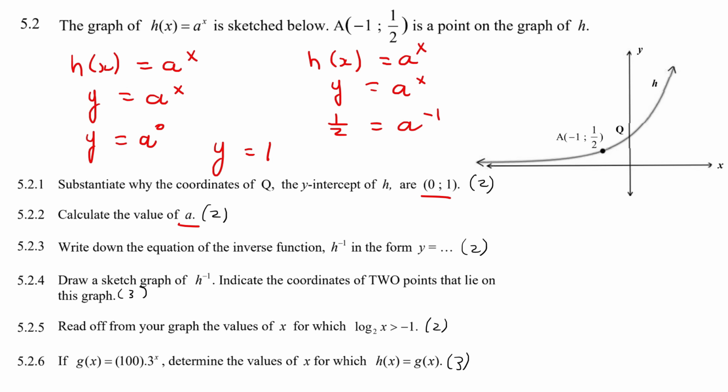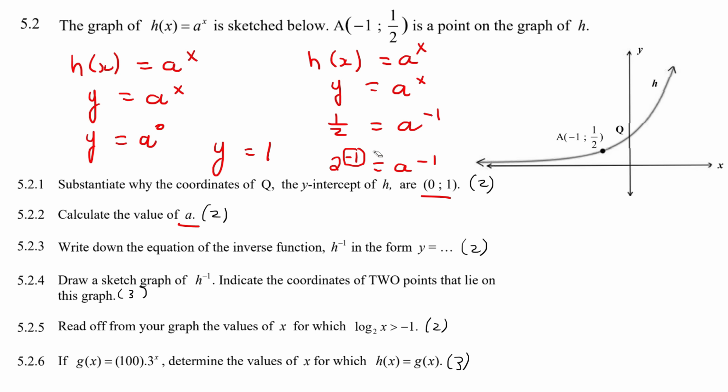Now, there are multiple ways that you could do this. What we must understand is that there are many different ways to write this. For example, what is another way we could write this? Would you agree you could write it as 2 to the negative 1? Now all of a sudden you've got the same exponents on both sides.